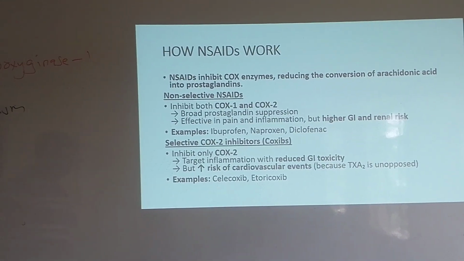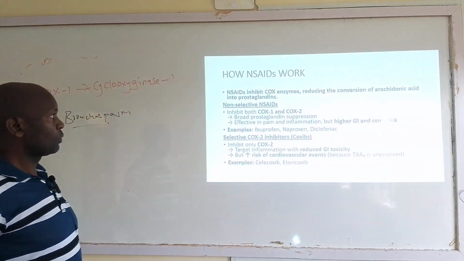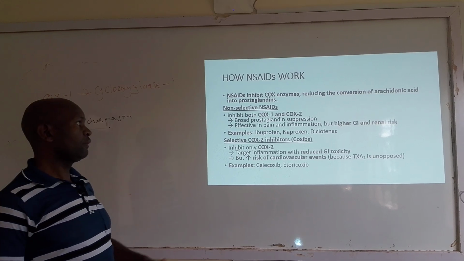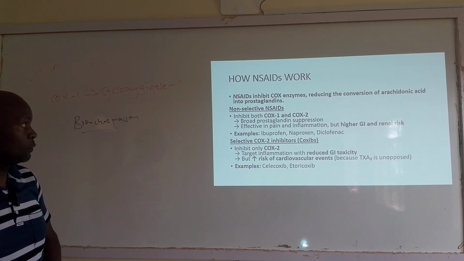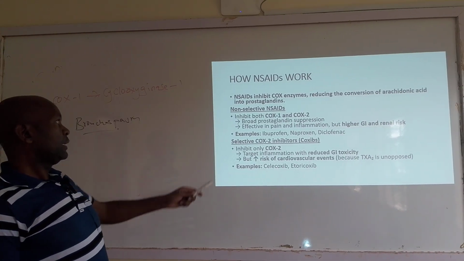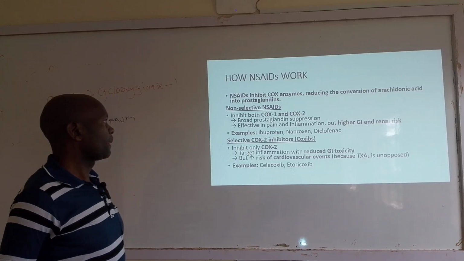So how do these NSAIDs work? They work by inhibiting COX-1 and COX-2 enzymes. Therefore, they reduce the conversion of arachidonic acid into prostaglandins. And therefore, non-selective NSAIDs, we have said they will block both COX-1 and COX-2.